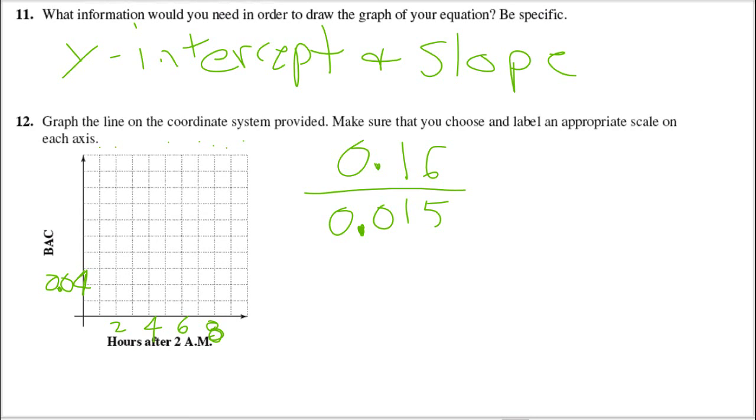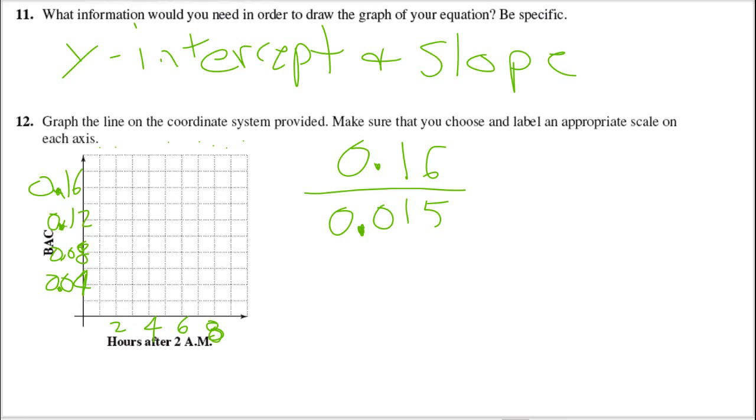Fourth line is 0.08. And the sixth line is 0.12. The eighth line is 0.16. Then my last line is 0.2.